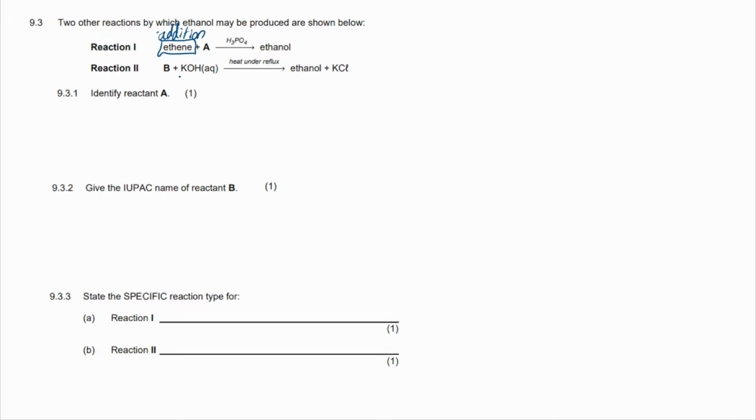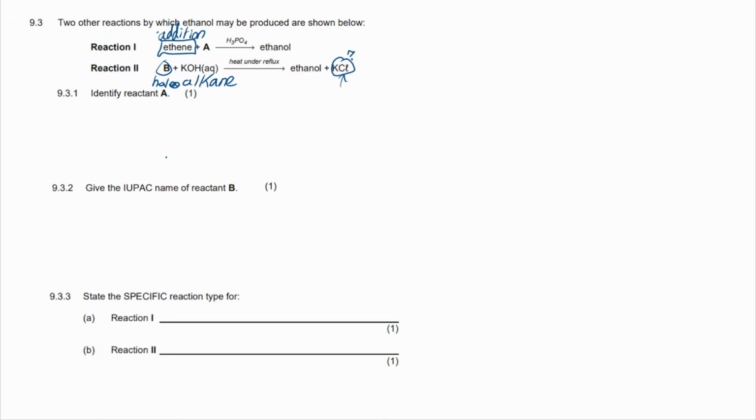B, we don't know what it is, but it goes with potassium hydroxide, heated under reflux, and then it produces ethanol and KCl. Where did the Cl come from? Well, this thing over here has to have had a chlorine in it. So this thing was probably a haloalkane, because where the heck did the Cl come from? Okay, so let's have a look.